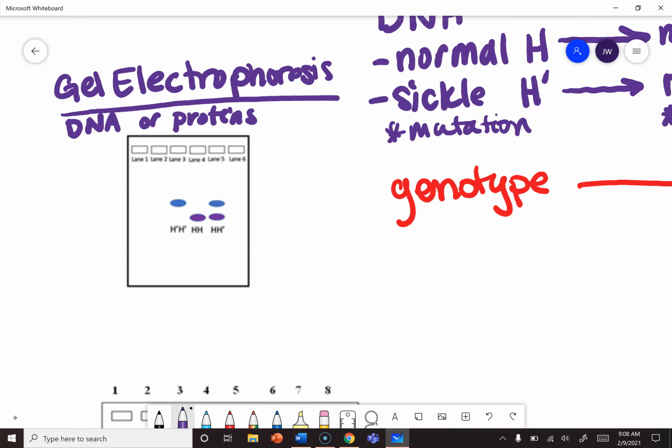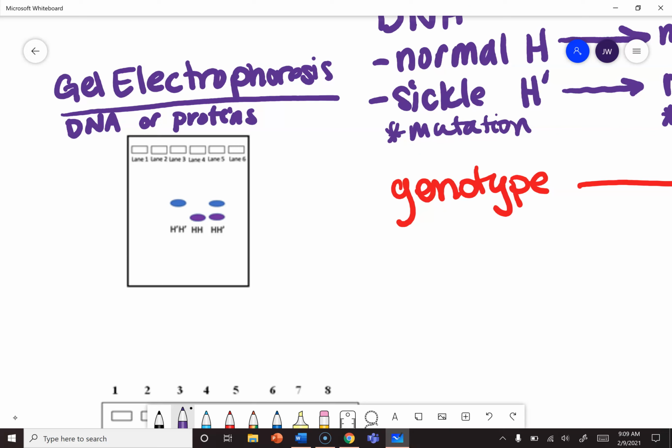We are going to have a gel similar to a really thick jello, and we're going to load our DNA or our protein into this gel and then apply an electrical current, and that's going to pull our sample through the gel. Now, as I said, you need to watch the video that goes with this that explains a little bit, and your lab explains a little bit more of the technical details of this.